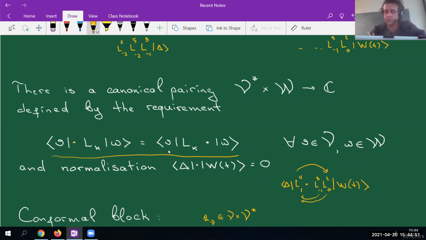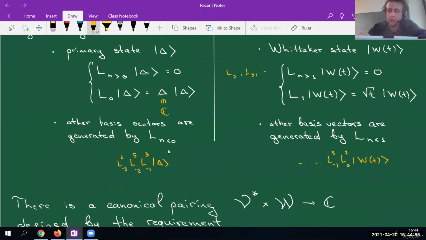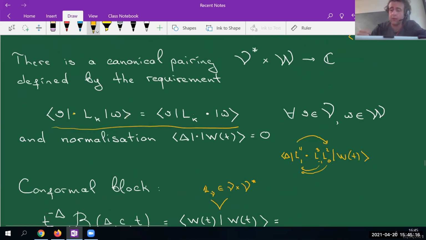because, let me show you once again, you know how the generators with positive indices act on W, and you know how the generators with negative indices act on the dual of this delta. So basically, this is all about using commutation relations between the generators.